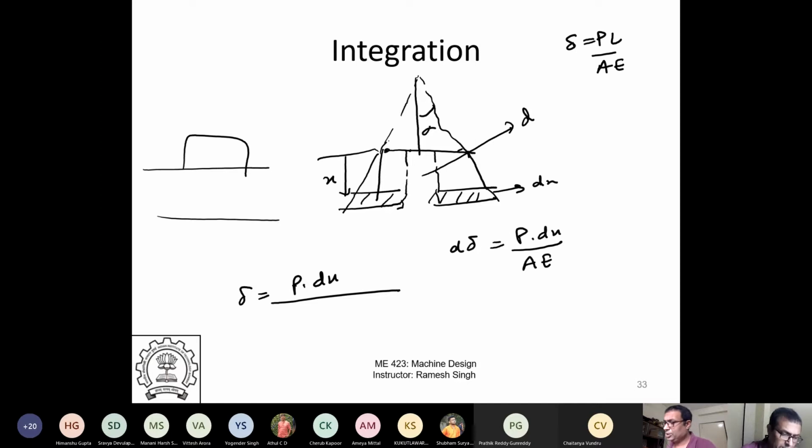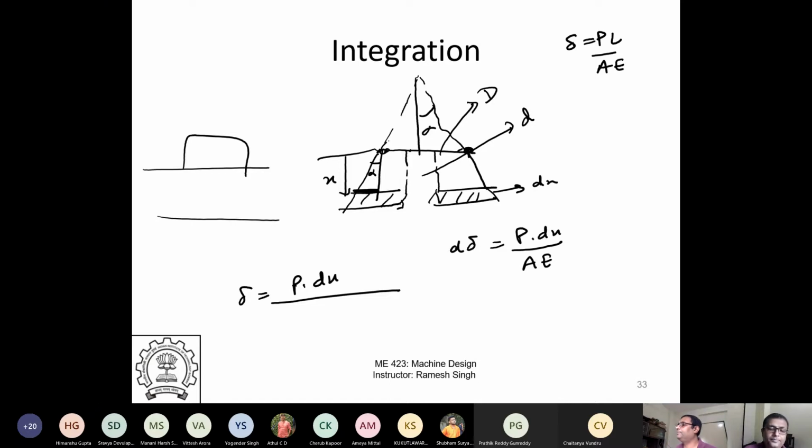If the bolt diameter, where my bolt sits, is capital D, then to understand the radius here: this is X, this is alpha, so what is this distance?